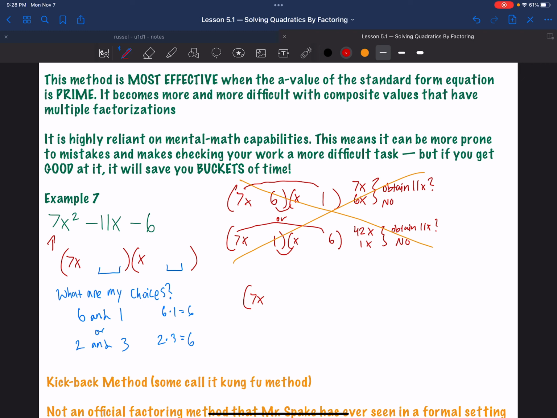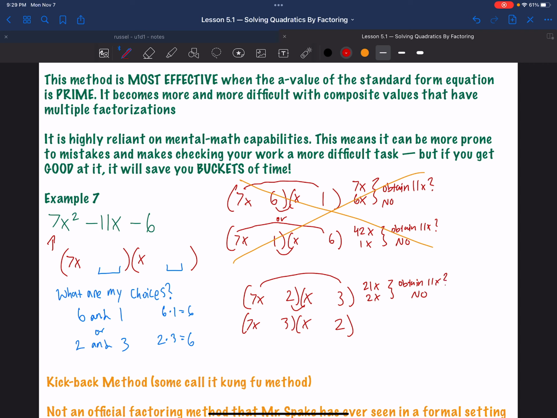7x and 2, x and 3, and then 7x and 3, x and 2. So if I do 7x times 3, that's 21x, and 2 times x is 2x. Can this be used to obtain 11x?